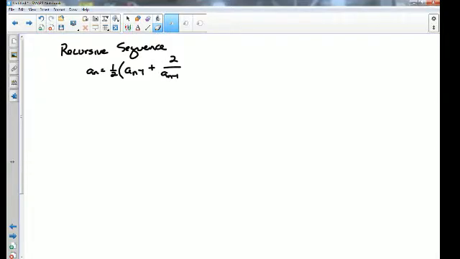Let me write that better. You're going to define the first term as a number. So we have a value for term 1, right? What's term 2?